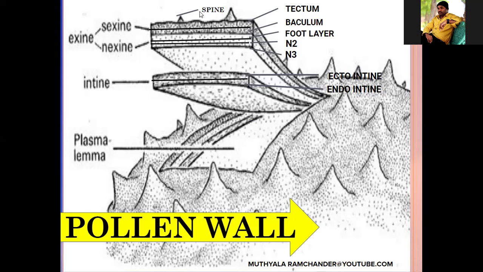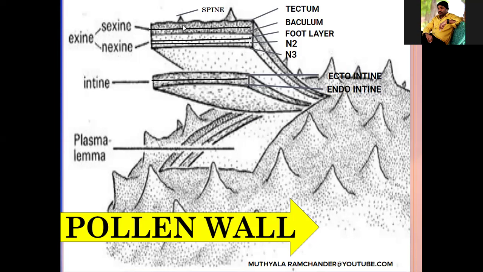They act as the ornamentals. Nexine is the inner layer. Sexine is the outer layer. Sexine is again divided into two sublayers: tectum and baculum. Tectum is present outside of baculum. Based on the presence of tectum, the pollen grains are divided into four types.